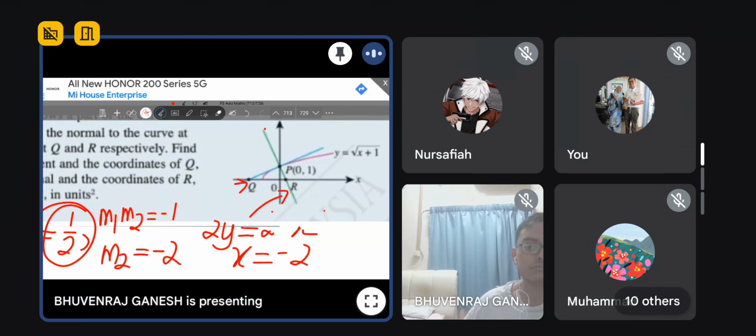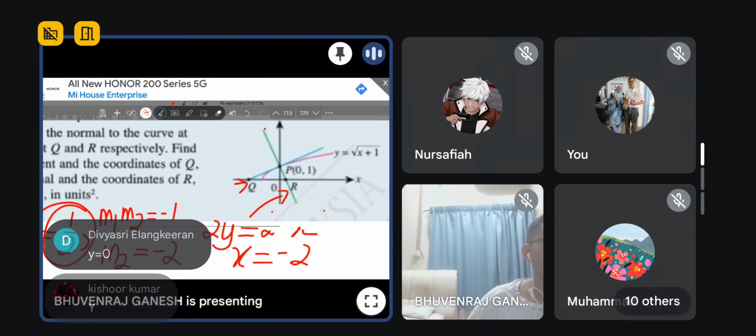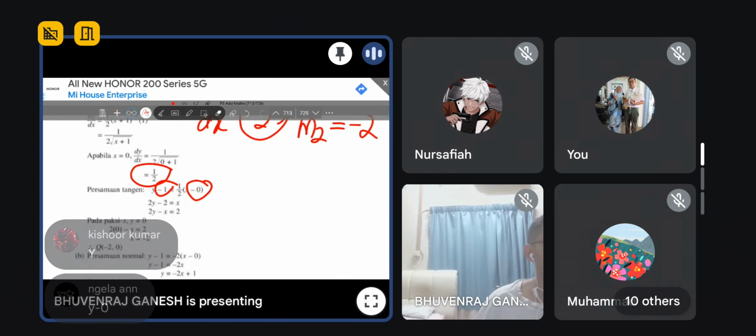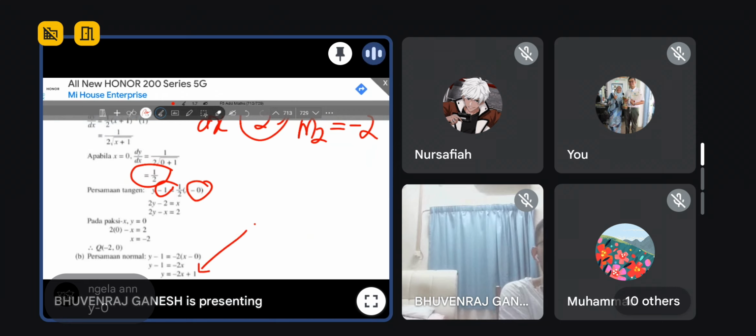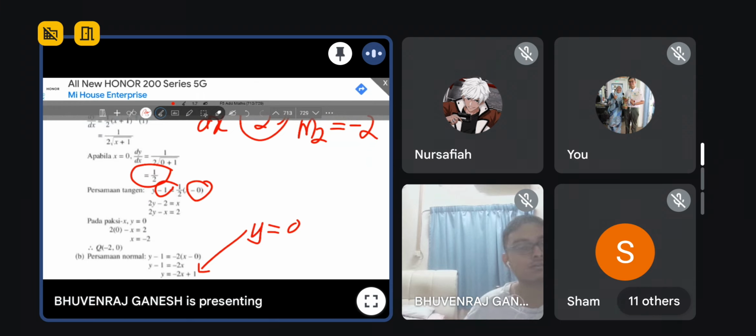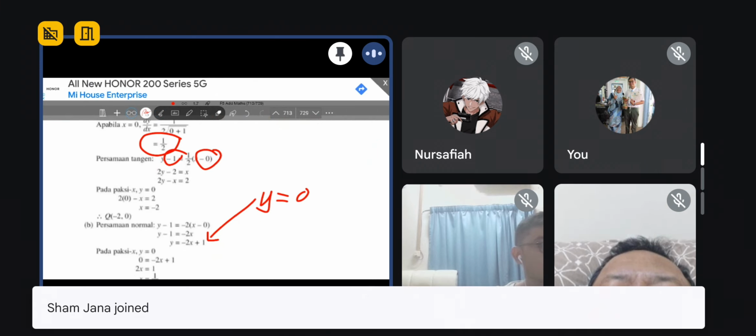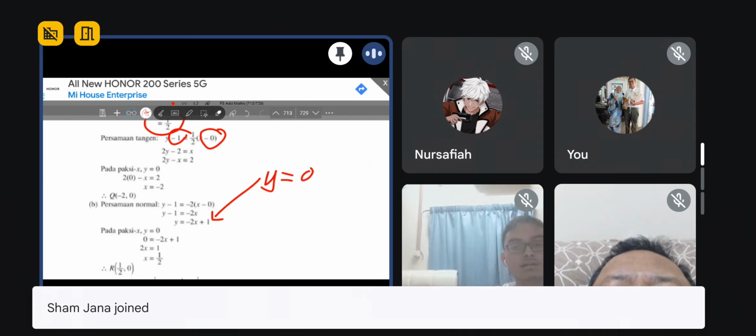Apa anggapan kita? Very good. Y equals 0, correct? So means that, this equation, you substitute y equals 0. Cari nilai x. You will get half. Okay, half. So this will be your answer. You will get (half, 0) as your final answer for R.